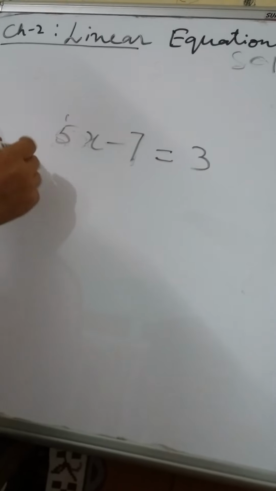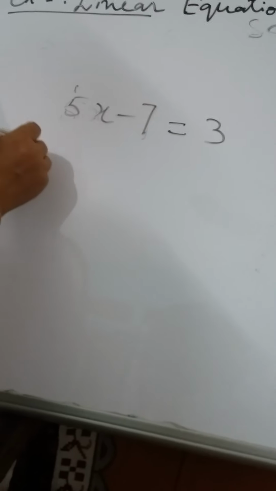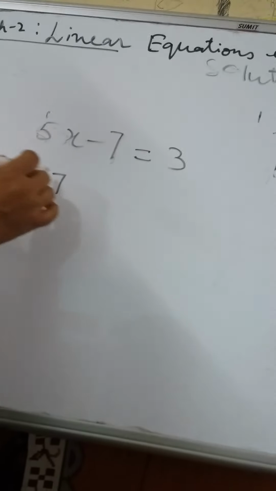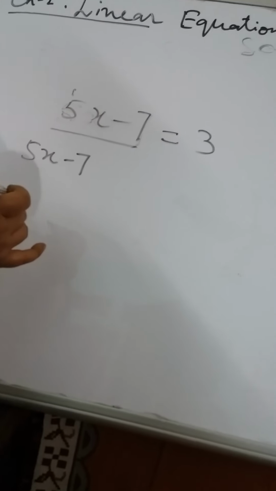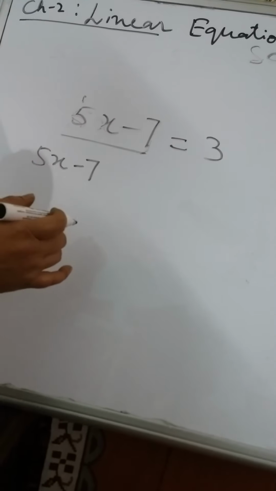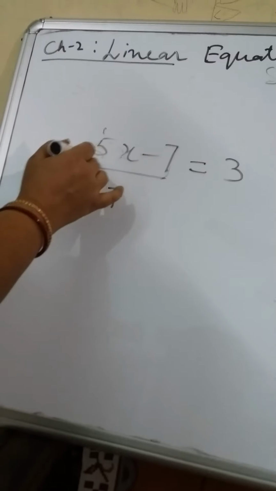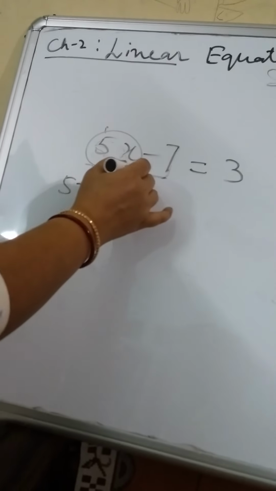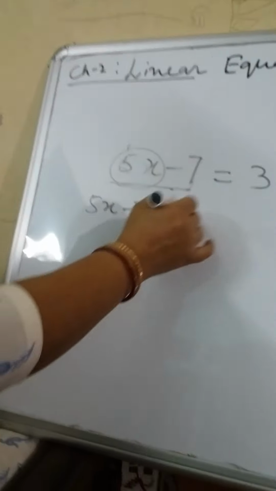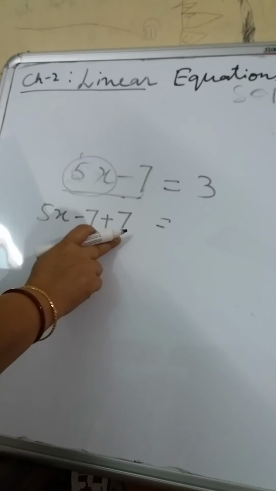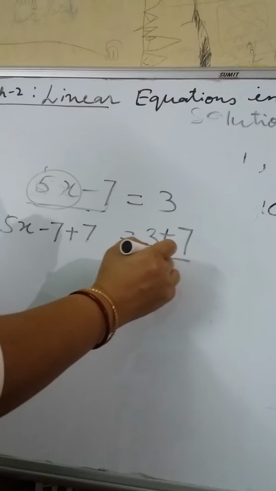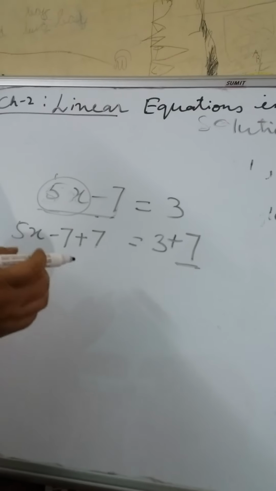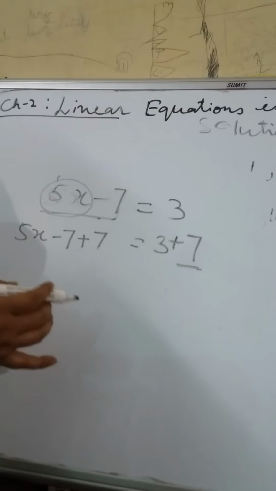In the first method, we will add a number so that this side is left with only the variable. Minus 7 means if I add plus 7 here, this minus 7 and plus 7 will become 0. So I have to add plus 7 here also, otherwise the equation will get unbalanced.